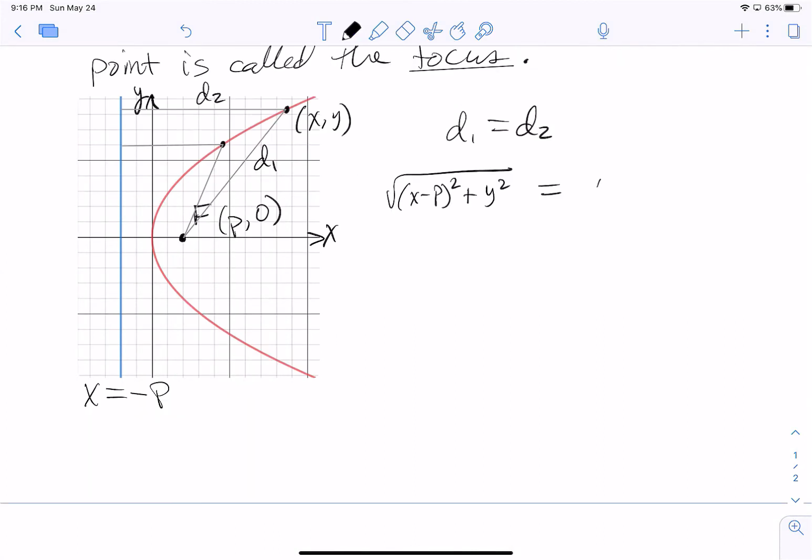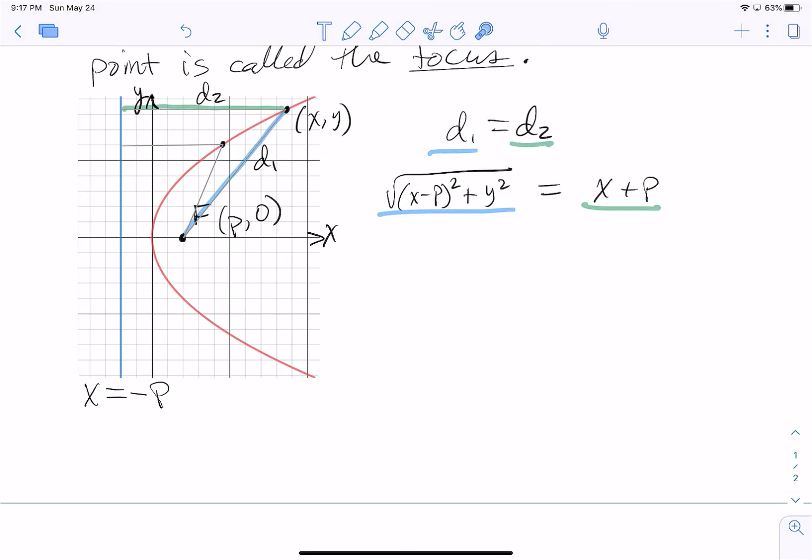Therefore, d2 can be expressed as x plus p. I'm going to color code this a little bit here. So we have d2, which is the horizontal distance from the directrix to the point, and then we have d1, which is the distance from the point on the parabola to the focus. There we go. That looks much better.